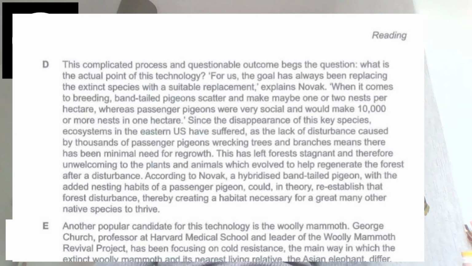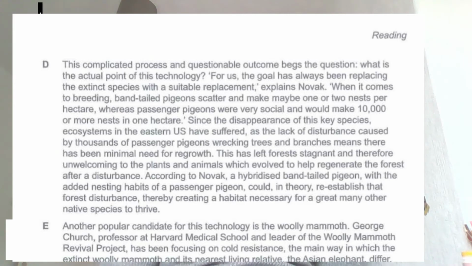Since the disappearance of this key species, the ecosystem in the eastern US has suffered, as the lack of disturbance caused by thousands of passenger pigeons wrecking trees and branches means there has been minimal need for regrowth. This has left forests stagnant and therefore unwelcoming to the plants and animals which evolved to help regenerate the forest after a disturbance.